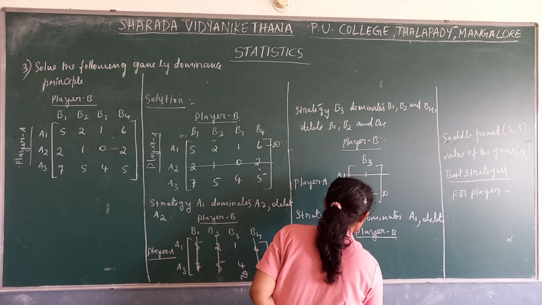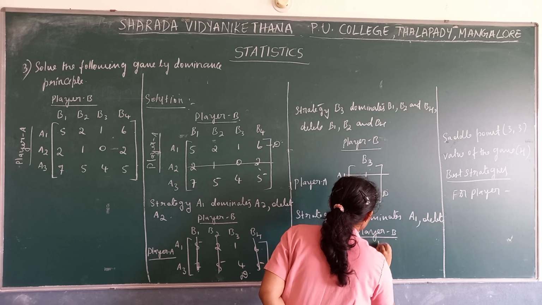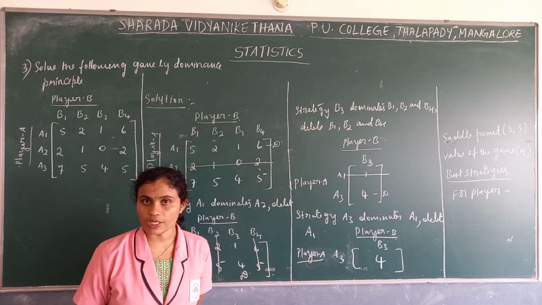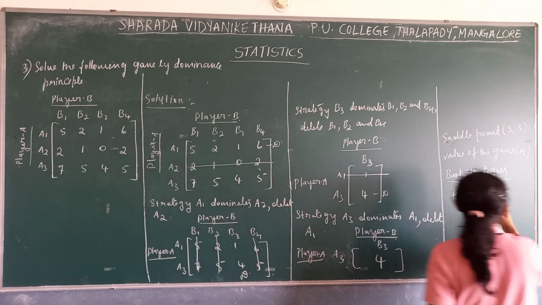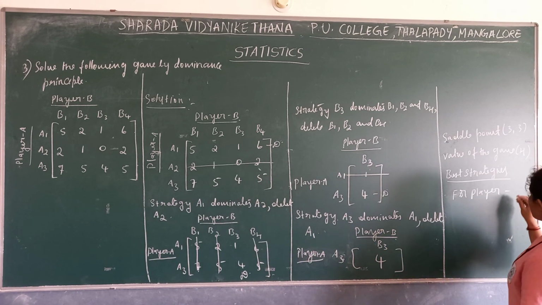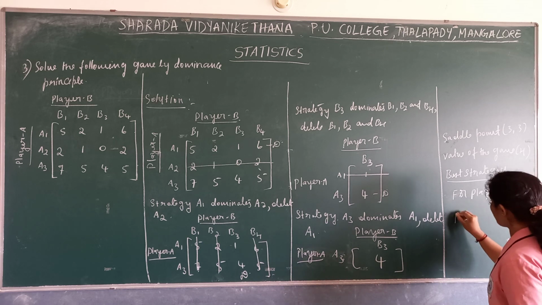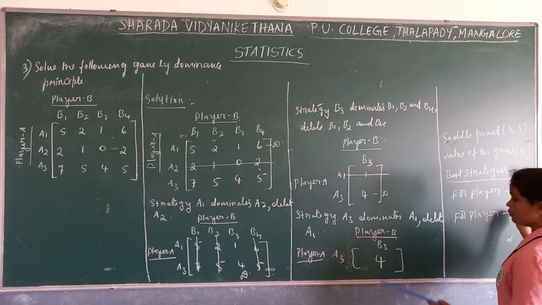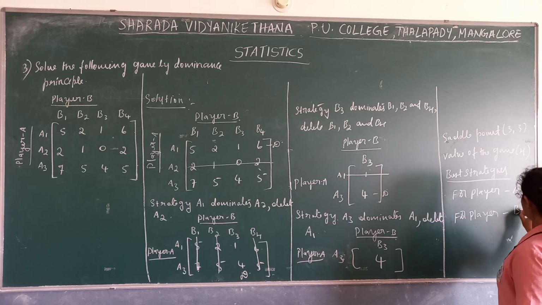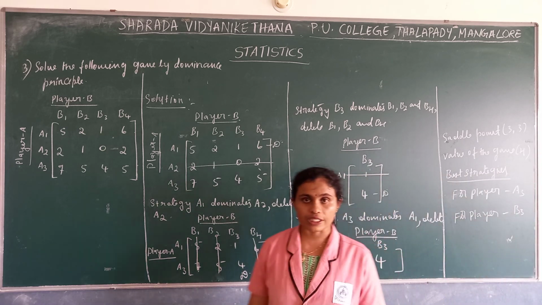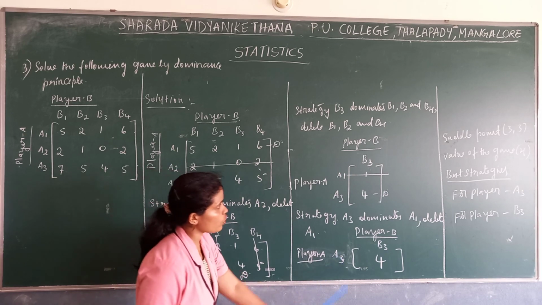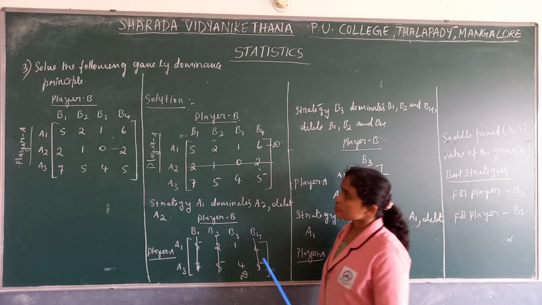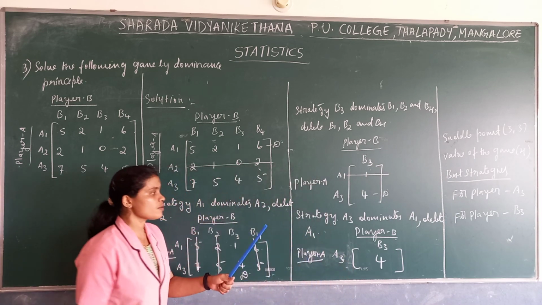For player B, B3 will remain. The remaining value is 4. So for player A the strategy is A3, for player B it is B3. So this is also not a fair game. Not necessary to write. We have got the value at the end as 4 here. So this is the third problem under the dominance principle.